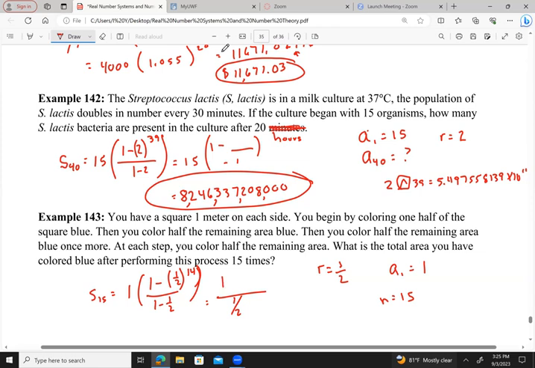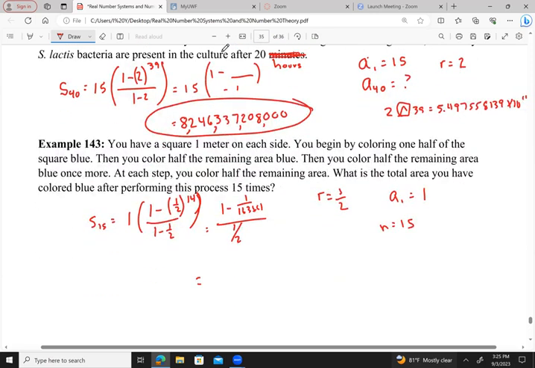So I have 1 minus 1 over 16384, which gives me 16383 over 16384 over 1/2.